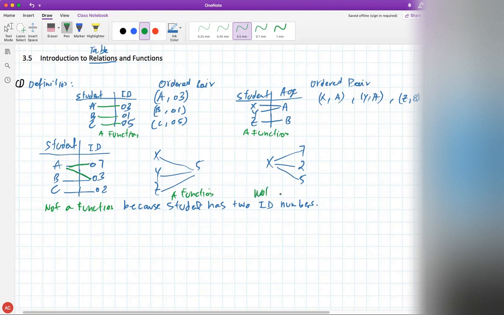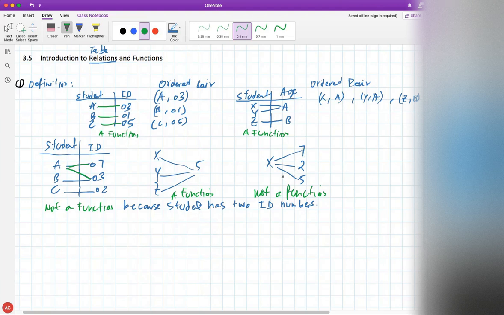So X, Y, Z, in that case, are students. They share some item. We called it 5, right? You could have, for example, the same age. This is just a random example, but 3 people or a whole class or half of the class could have the same age, for example. But one student cannot have 3 of that thing, for example, 3 ages or 3 IDs.